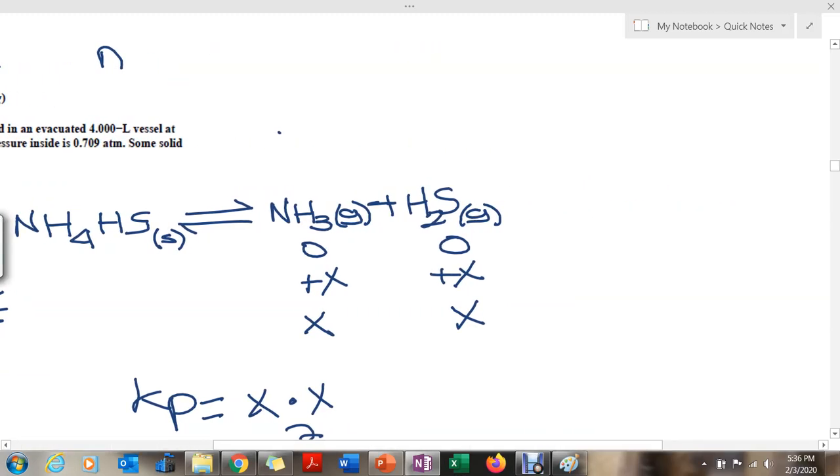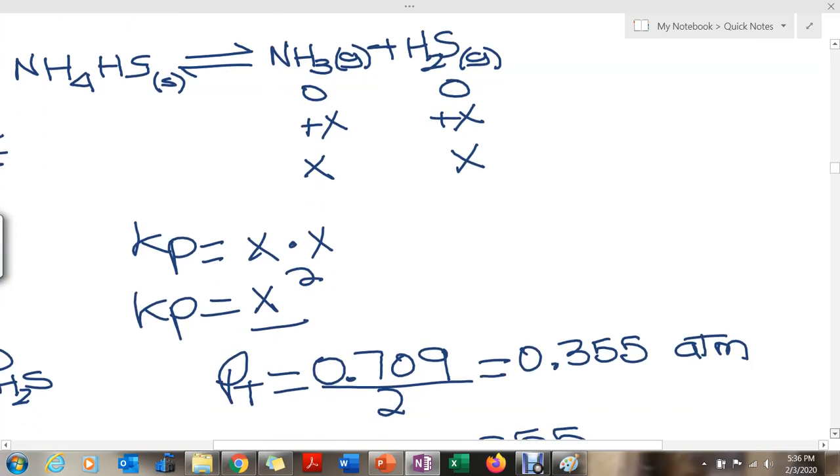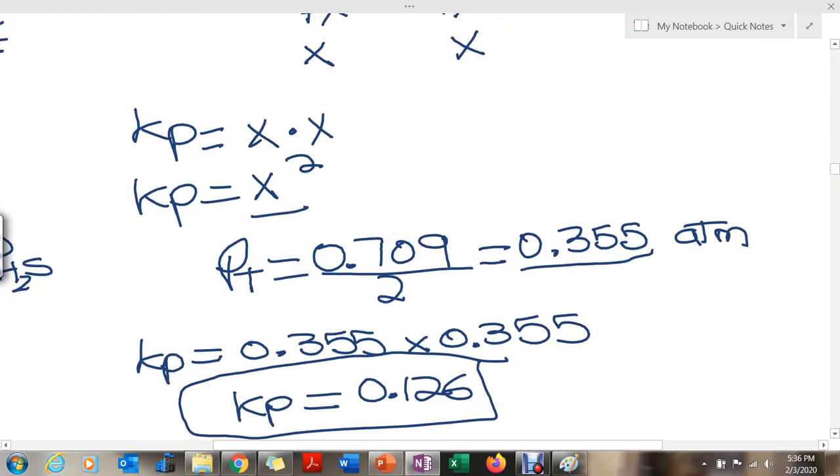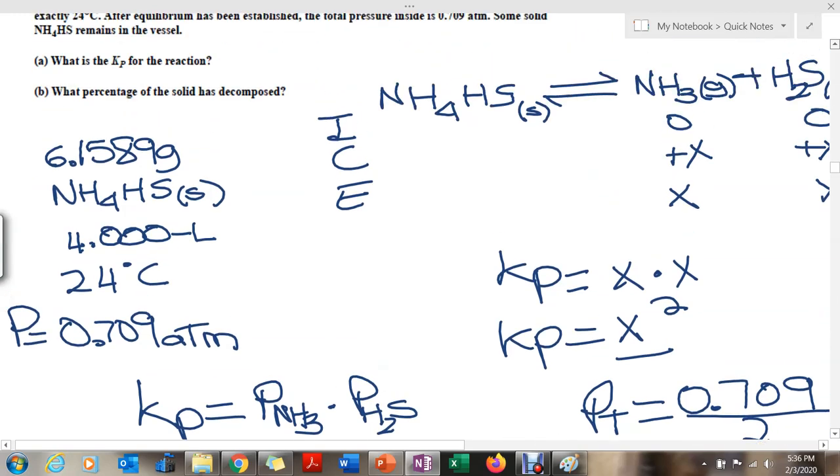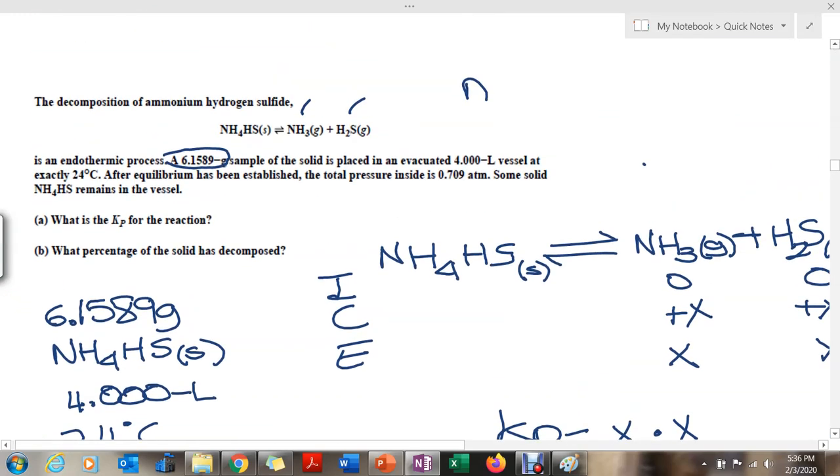You know that the pressure of each one is 0.355 atmosphere. You know, of course, the constant, and you know that the volume is 4.0 liters. And the temperature, 24 degrees Celsius.